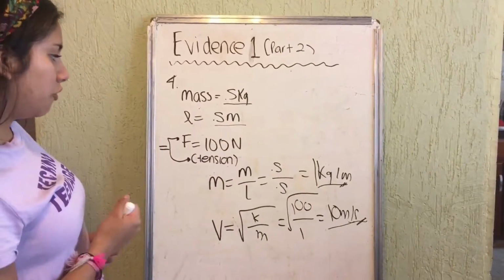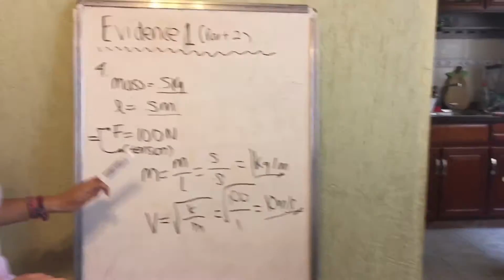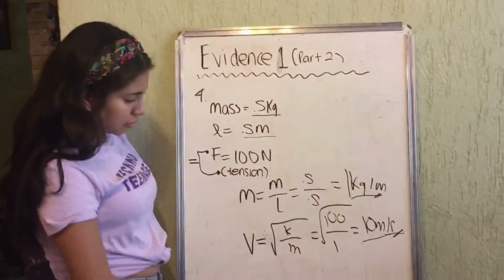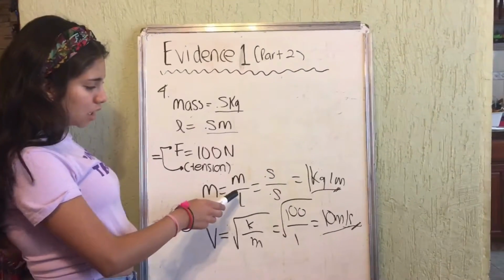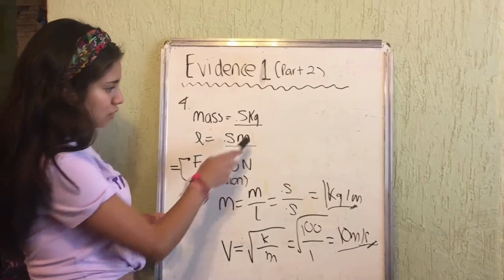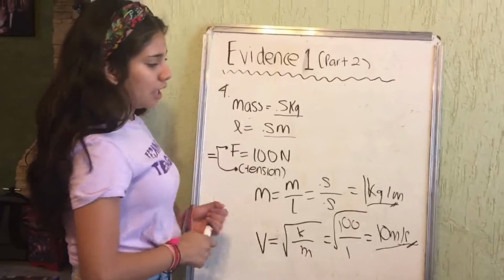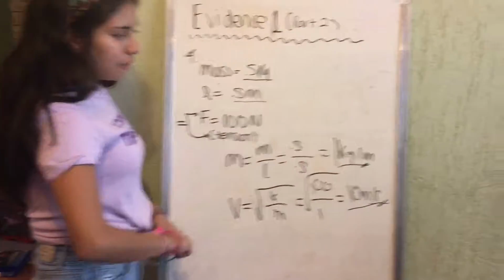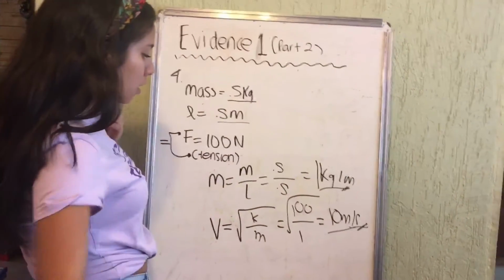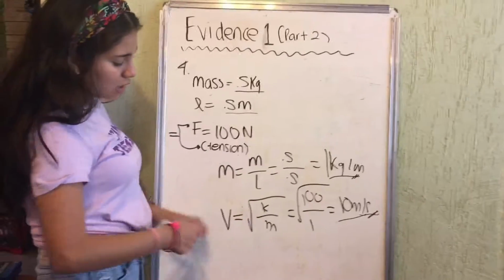So we are first going to get our kilograms per meter, using the formula μ equals mass over length, that is 0.5 over 0.5, and it gives us 1. Next, we're going to get the velocity, that is equal to the root of F over μ.